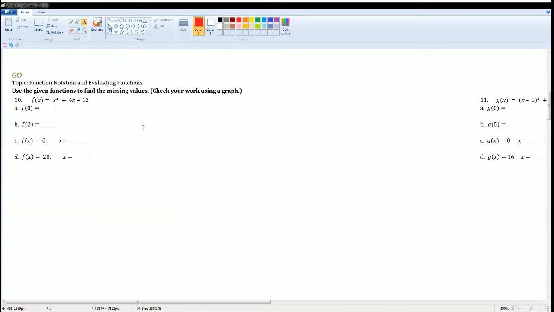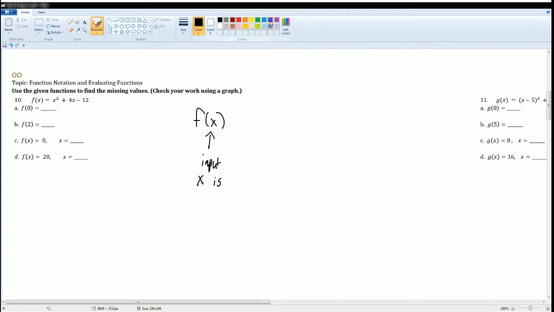All right, so the go part, this is plugging in values in here to see how it works, okay? The first two, they have the f of 0 and f of 2. I want you to be very careful on the first two. This is something you need to understand about function notation, okay? This is the input, this is what x is.